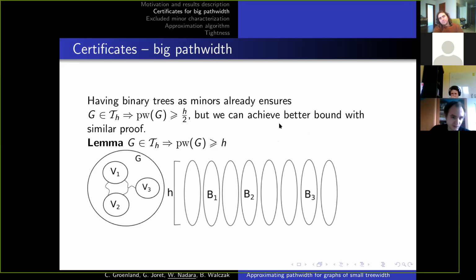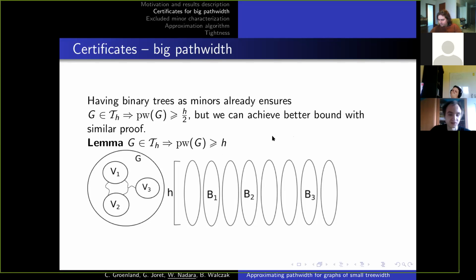In order to have any chance, the graphs induced on V1, V2, and V3 need to have pathwidth exactly h-1.